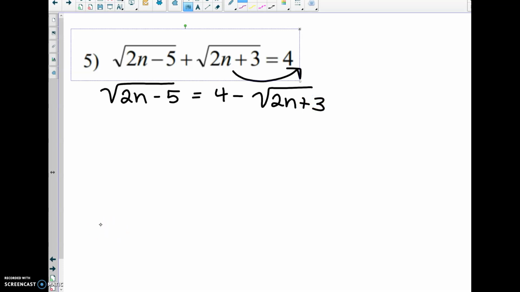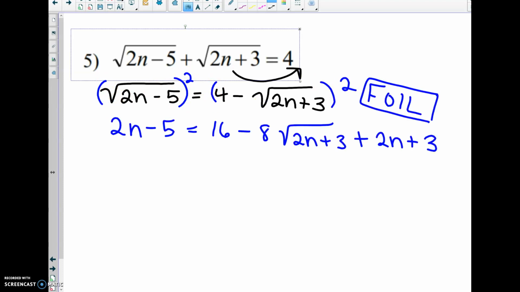Step 2, square both sides to release your radical. Alright, this is what you will get if you square both sides. Remember, the right hand side you need to FOIL. This middle term here, it is -8 because 4 times a -1 and a 4 times a -1, so there's 2 -4s, so that would be -8.